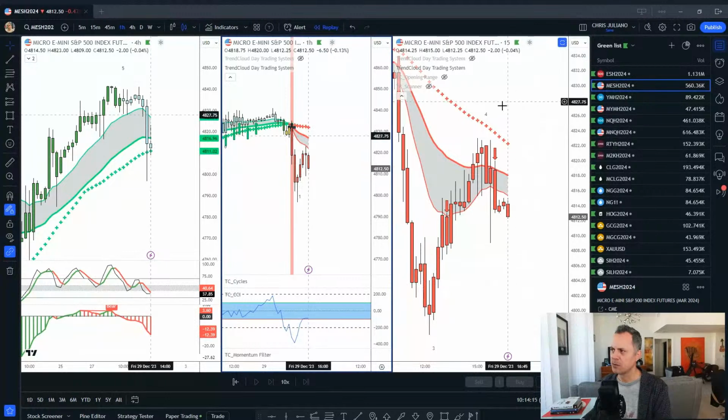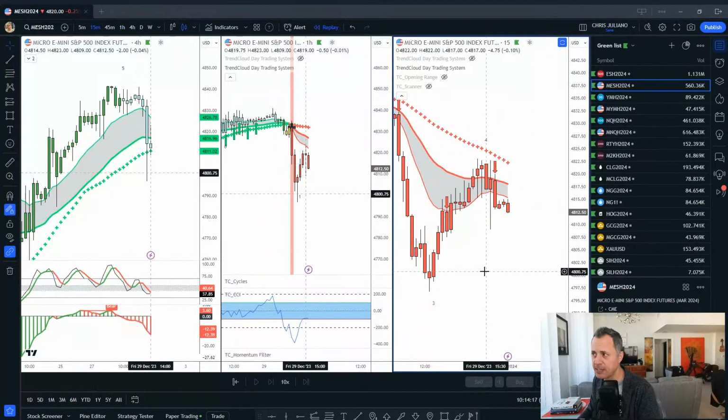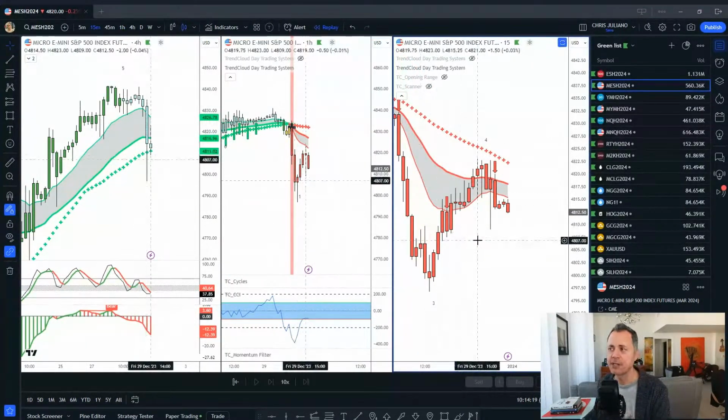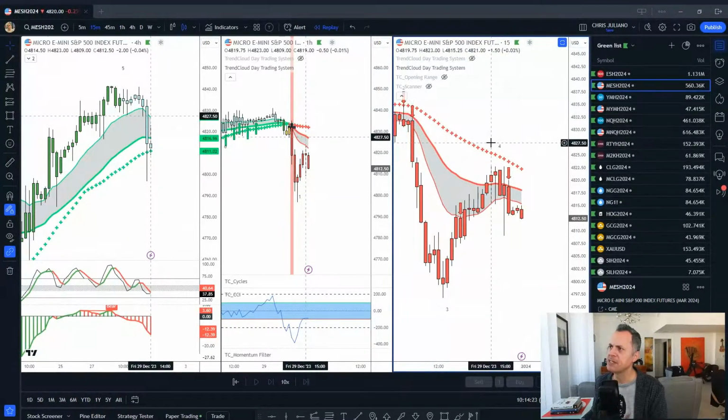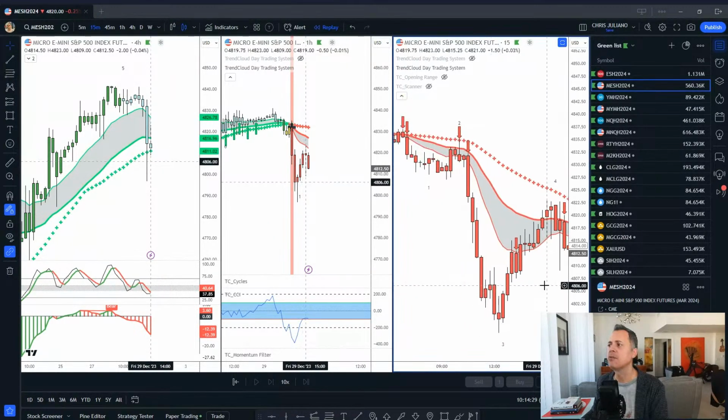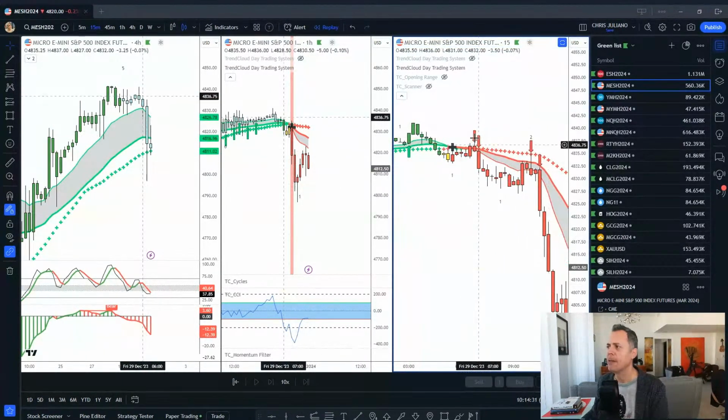If you're looking for real short, and that's more of a scalping technique, right? We've got a downtrend on the 15-minute, a downtrend on the 1 hour, and momentum is down. Okay, well, there are some shorting opportunities. Those are the trades that are going to take place in a day.